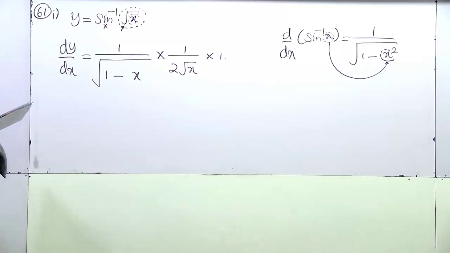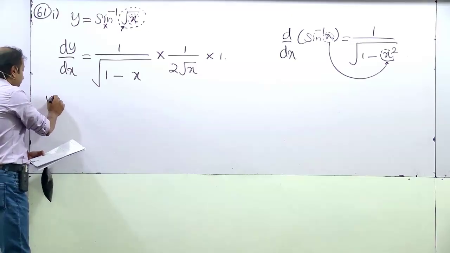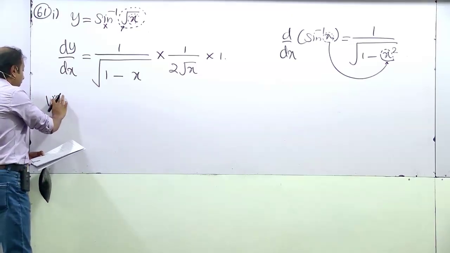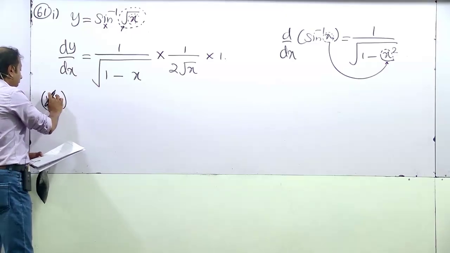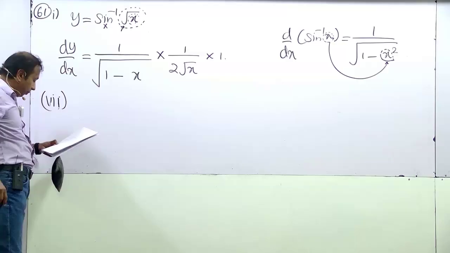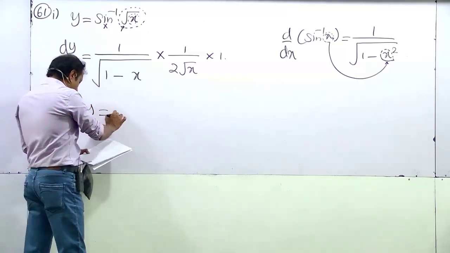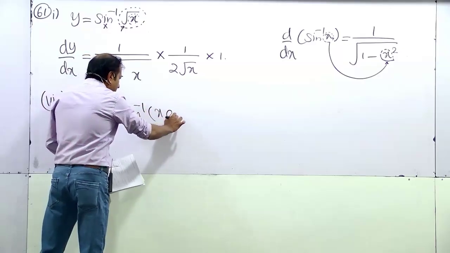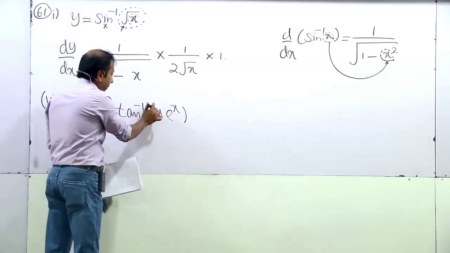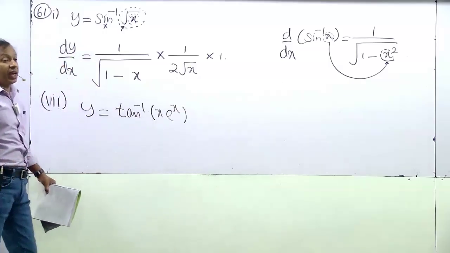61 part 7. Next one. y equals tan inverse x e to the x.